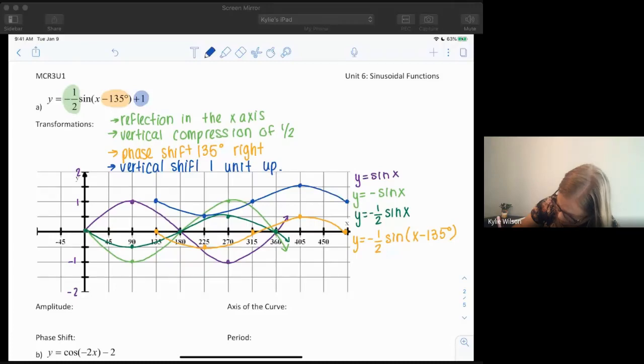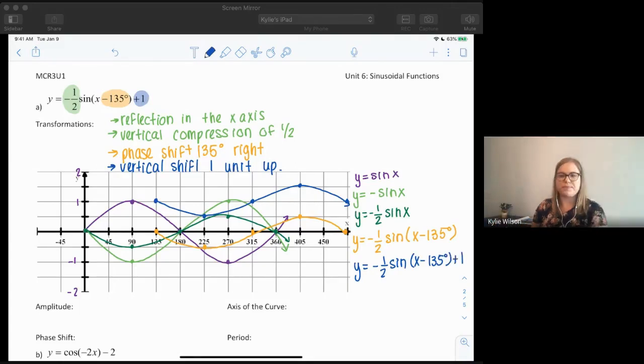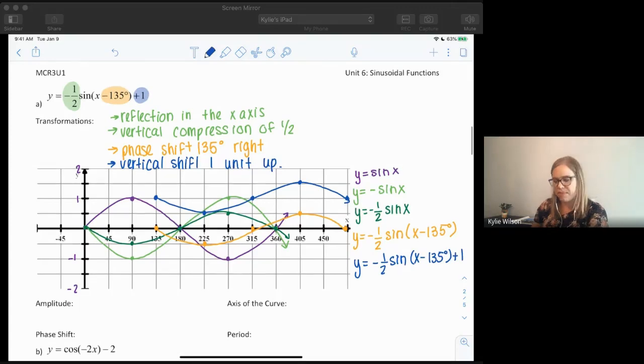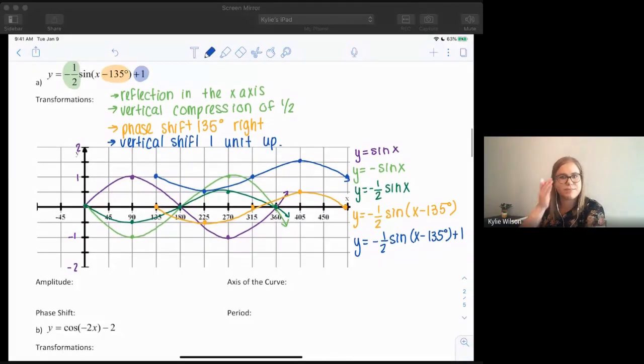So the blue line is my final answer, which is y equals negative 1/2 sine (x minus 135 degrees) plus 1. So same thing that we've always done, just a different parent function, that's all.